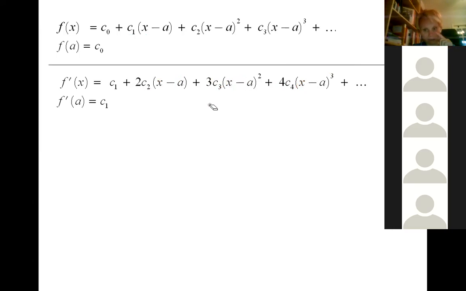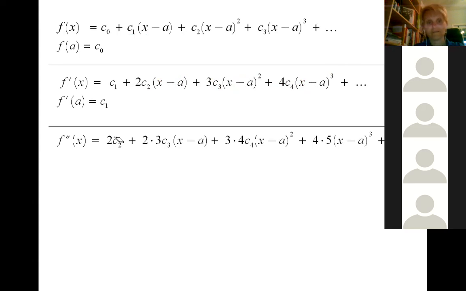Now I will keep working this way, which means I will differentiate again. The second derivative is just the differentiation of the first derivative. C sub 0 is gone. 2 times x will be just 2, keeping the constant c sub 2.